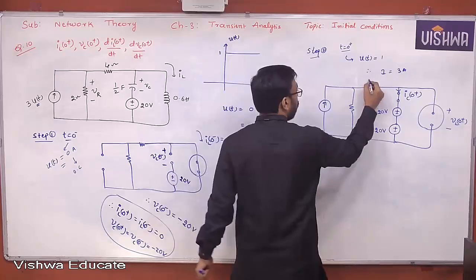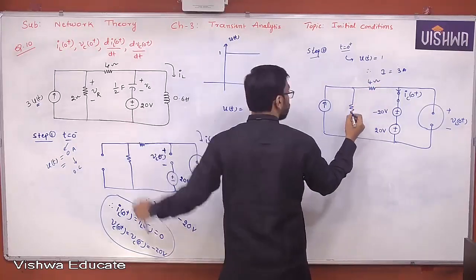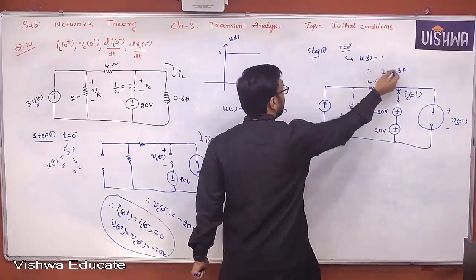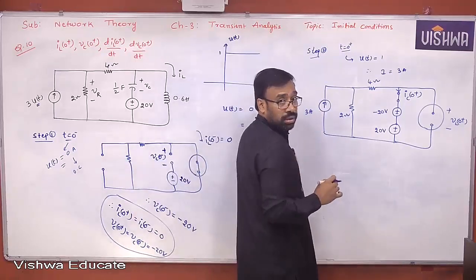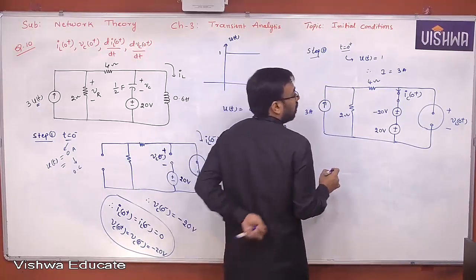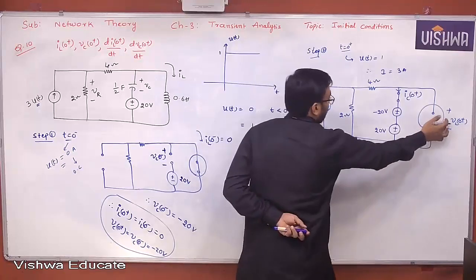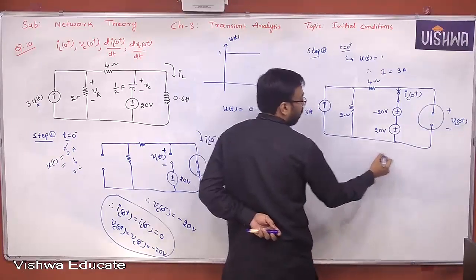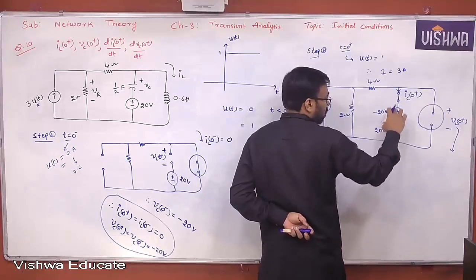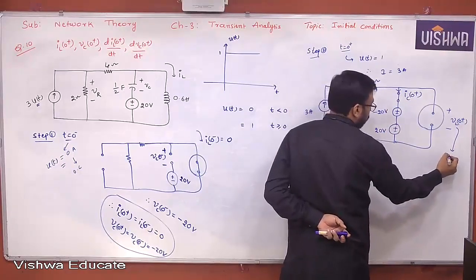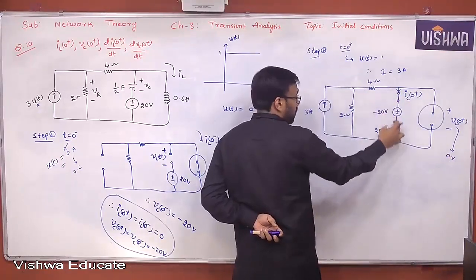And this is 4 ohm. Yes or no? And this is 2 ohm. And this is already 3 ampere, because 3 u of t, right? So now you can see that VL of 0 plus will definitely be 0, because the addition of these two will become 0, the total voltage will become 0 volt. But the current passing through this path is nothing but what?